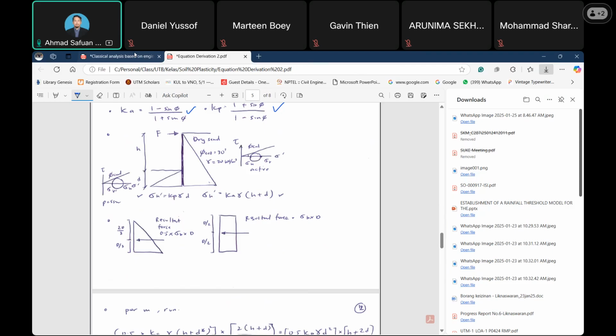So for the triangular shapes, the line of action is 2/3 of the height if we refer to the top, or it is 1/3 of the height if we are referring to the bottom.